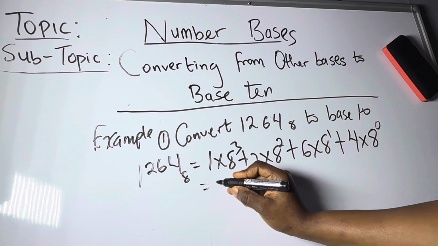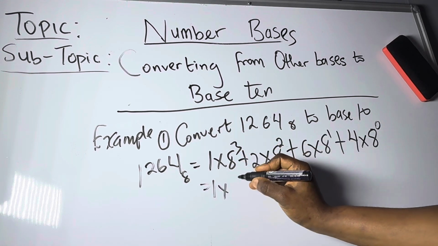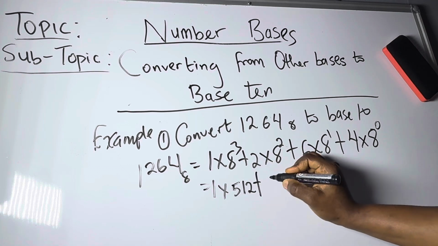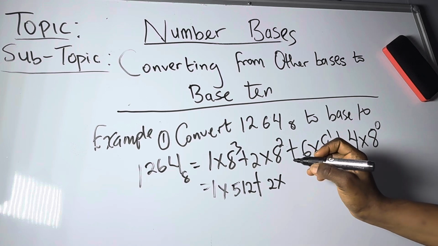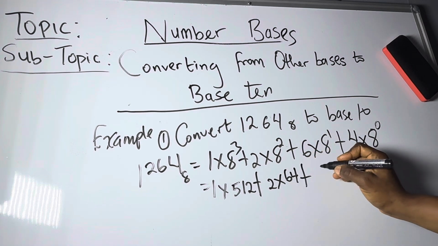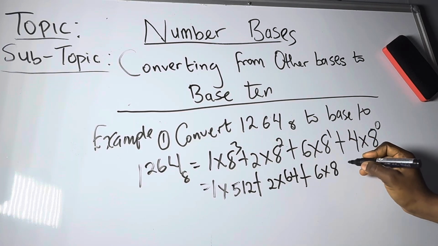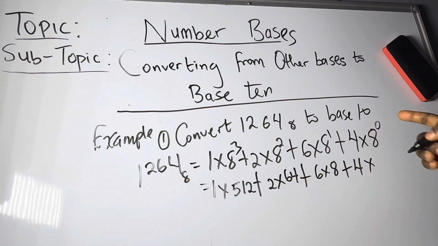Now, we have 1 multiplied by 8 raised to the power 3, which is 512, plus 2 times 8 raised to the power 2, which is 64, plus 6 times 8 raised to the power 1, which is still 8, plus 4 multiplied by 8 raised to the power 0.